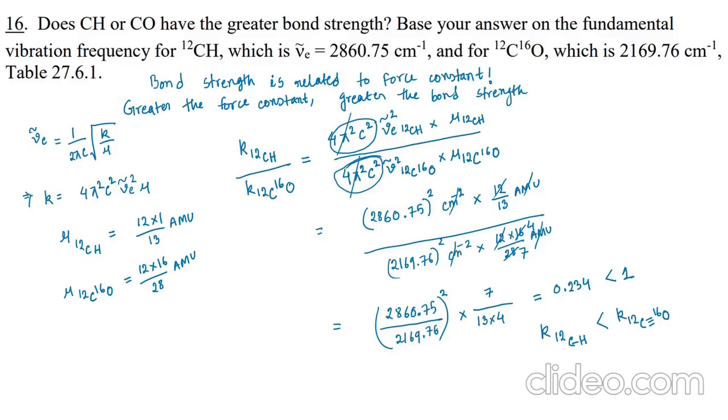That means that 12C triple bond 16O is actually going to be much stronger. So we'll write that CO has the greater bond strength.